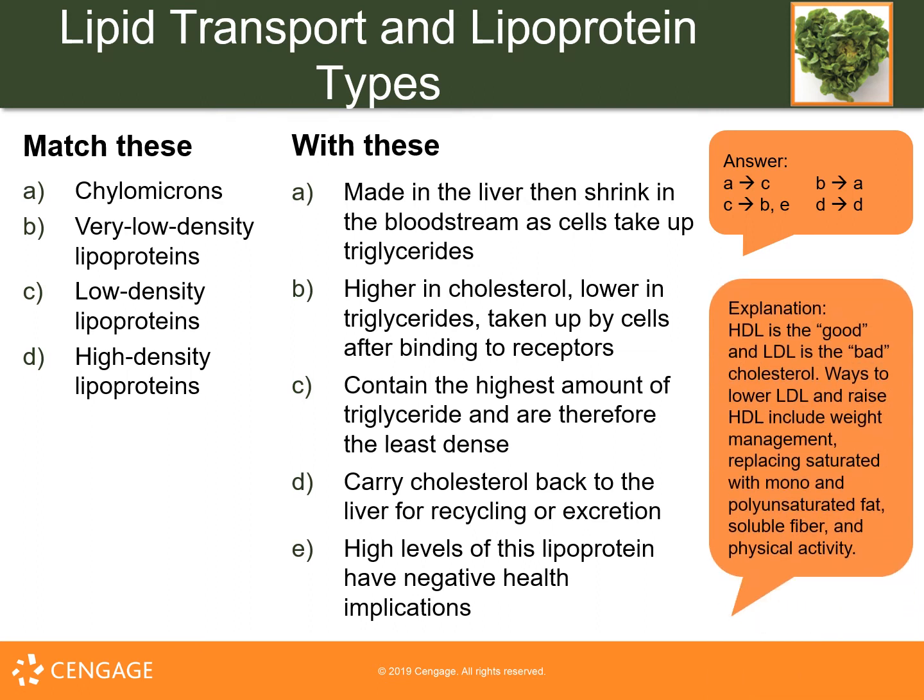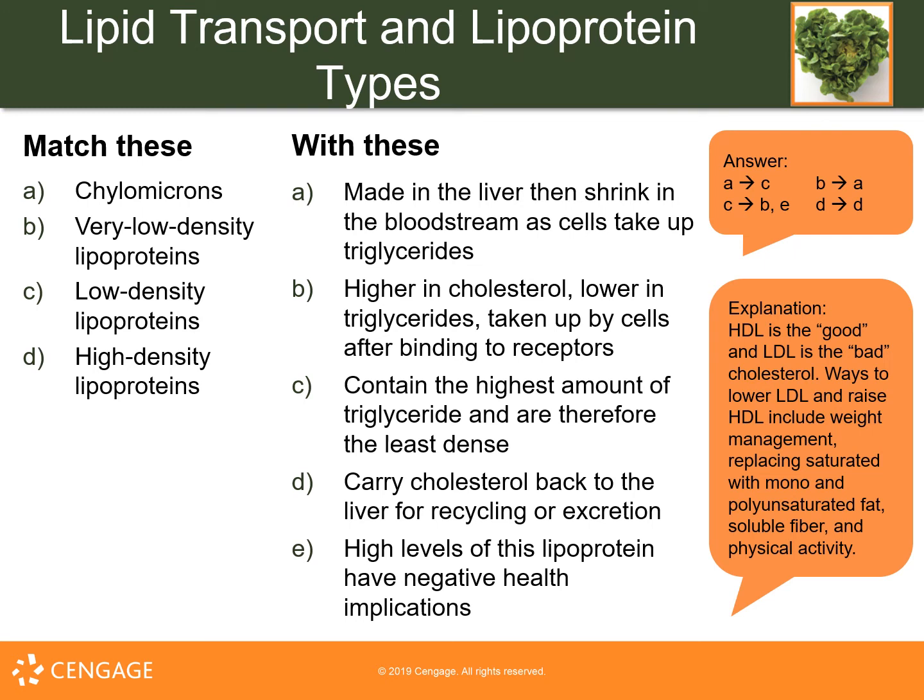So A, chylomicrons match with C, contain the highest amount of triglyceride and are therefore the least dense. B, very low density lipoproteins match with A, made in the liver, then shrink in the bloodstream as cells take up triglycerides.